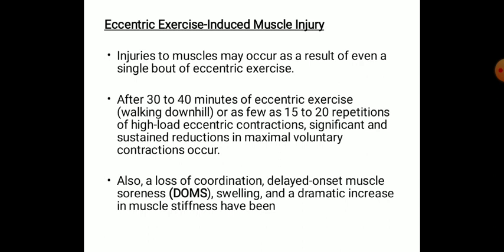Injury to a muscle may occur as a result of even a single bout of eccentric exercise. After 30 to 40 minutes of eccentric exercise, walking downhill, or 10 to 15 to 20 repetitions of high load eccentric contraction, significant sustained reductions in maximum voluntary contractions can occur.